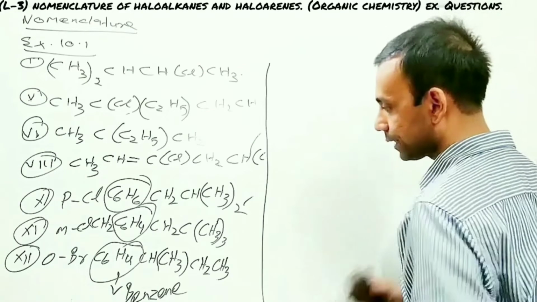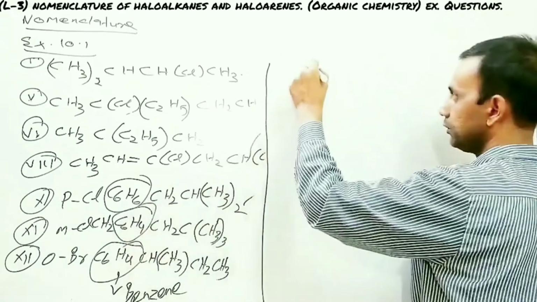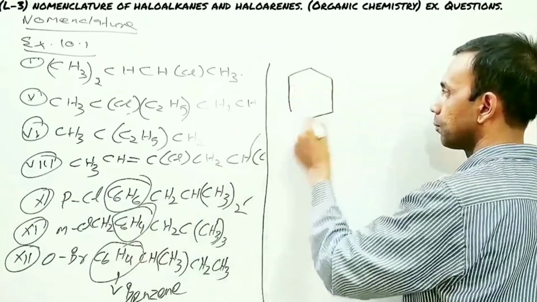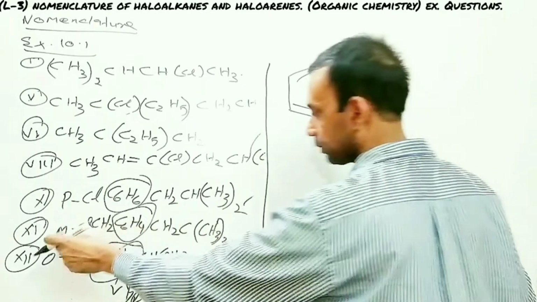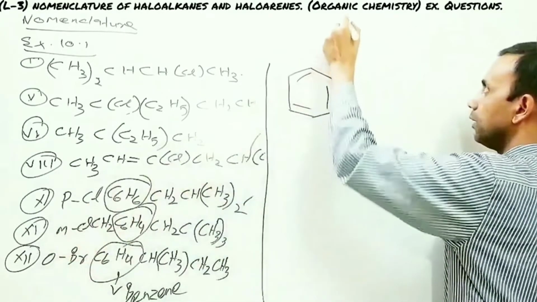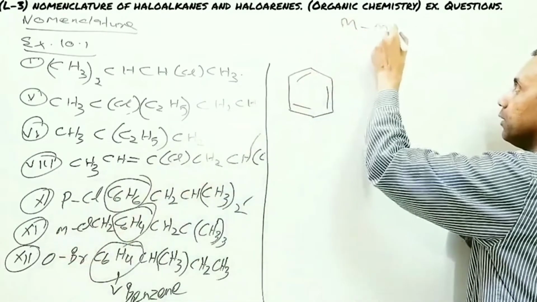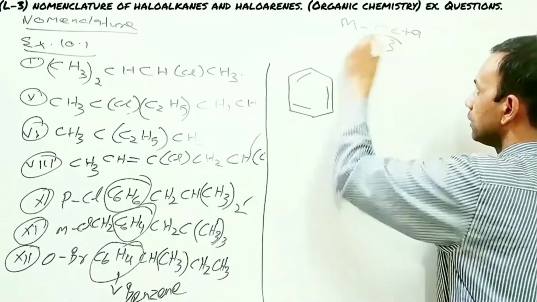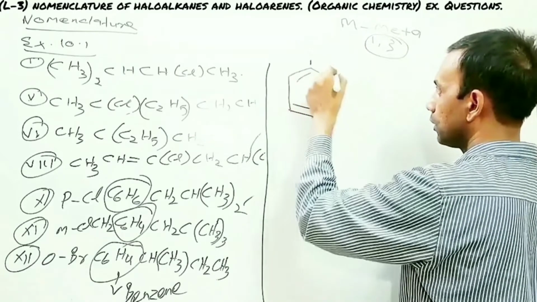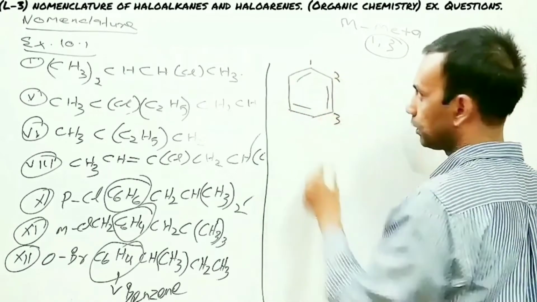In the next one, as I said earlier, again start with the benzene. But this time it's M, so M represents meta. And meta has something to do with 1 and 3, first and third carbon. So this is the 1, that's 2, and that's 3. So what does that mean?